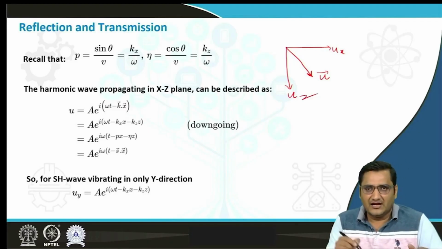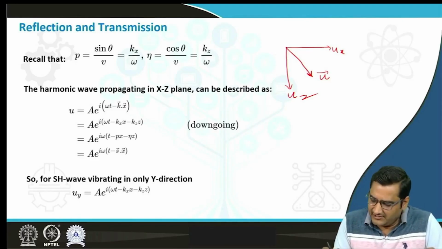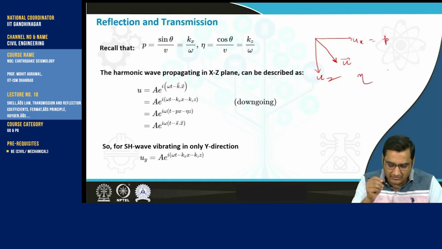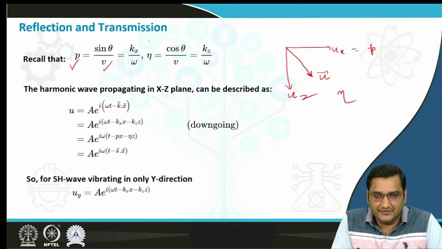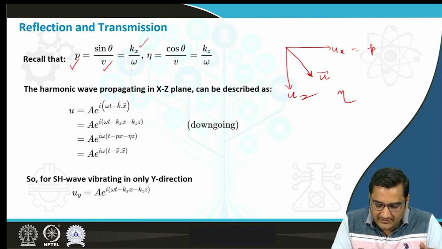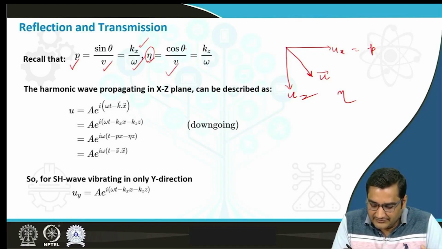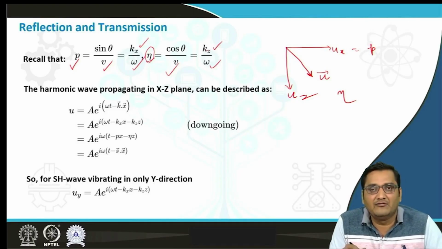The horizontal slowness is represented by p, and the vertical slowness by neta. Now p is equal to sine theta by v, which can also be equated to the horizontal wave number divided by angular frequency, and likewise the vertical slowness is cos theta by v, which is kz by omega, the vertical wave number divided by angular frequency.